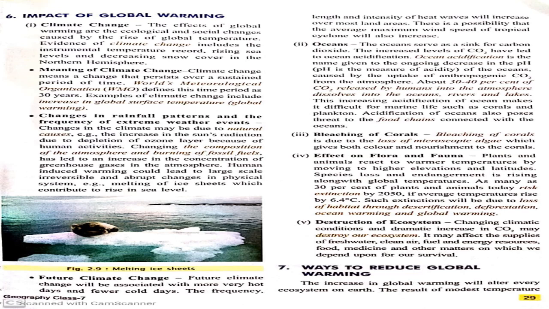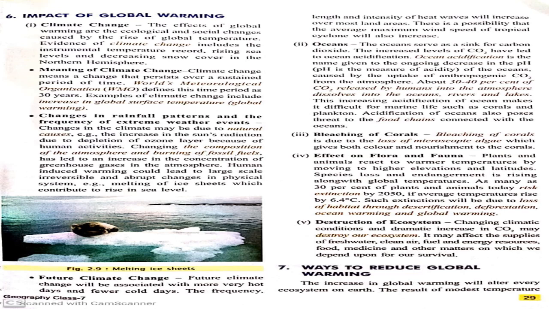Okay. Now the next topic is destruction of ecosystem. First of all, we need to understand what an ecosystem is before understanding its destruction. Ecosystem is the interconnectedness of organisms, which may include plants, animals, microbes, with each other and their environment.